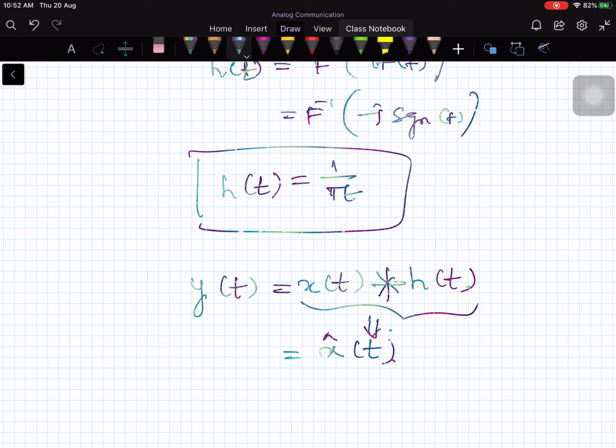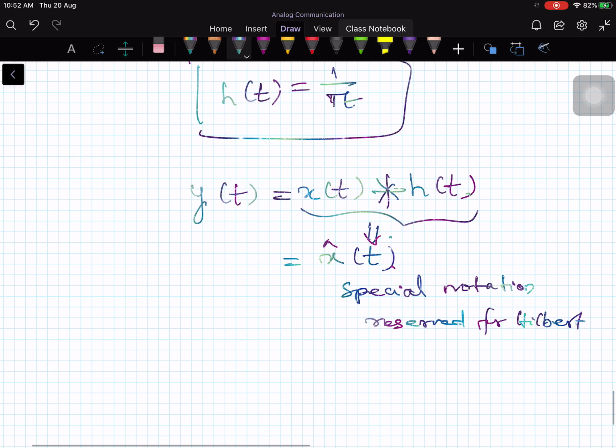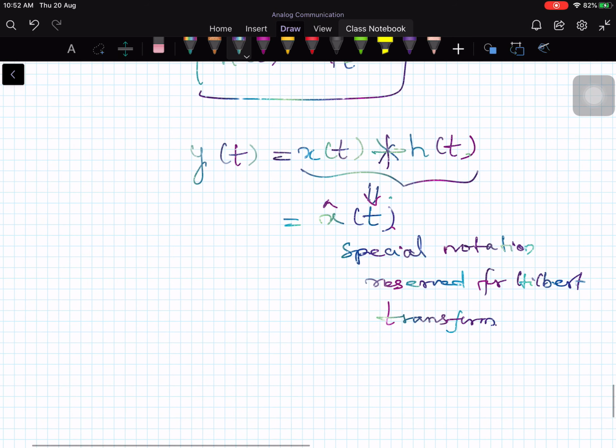This is a special notation reserved for the Hilbert transform. So therefore, instead of calling y of t, let me call x hat of t. x hat of t is equal to x of t convolved with h of t. What is h of t? h of t is 1 over pi t.